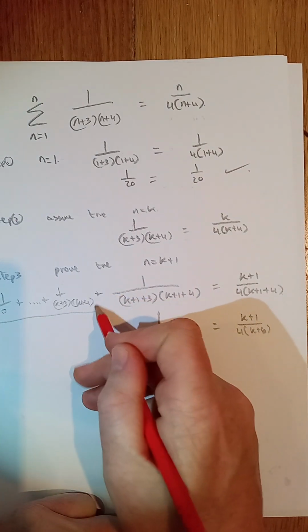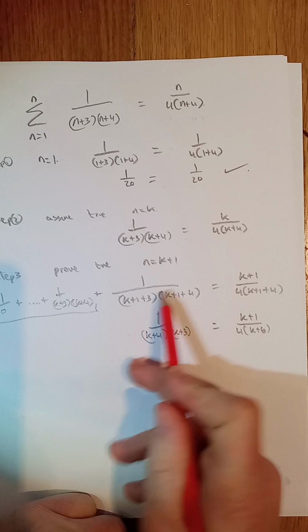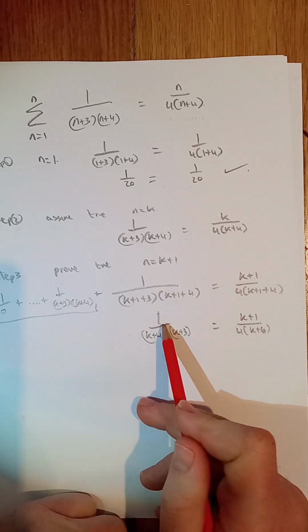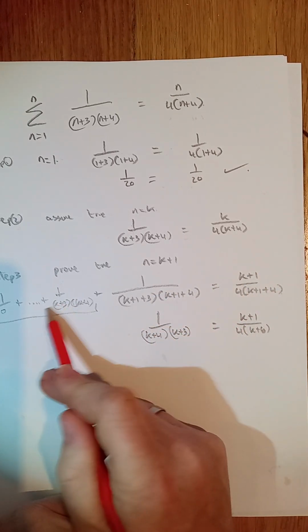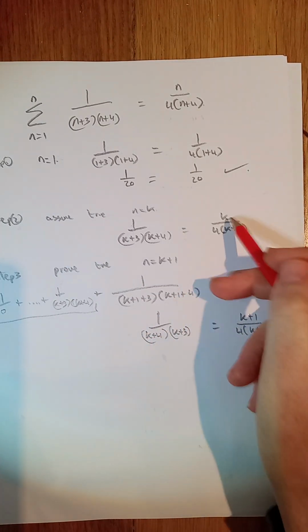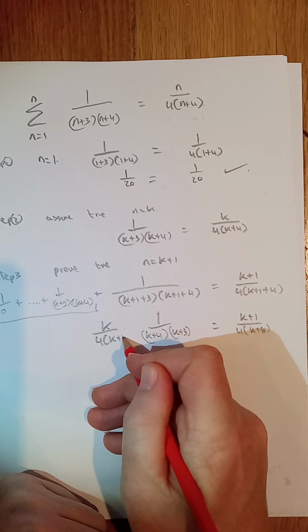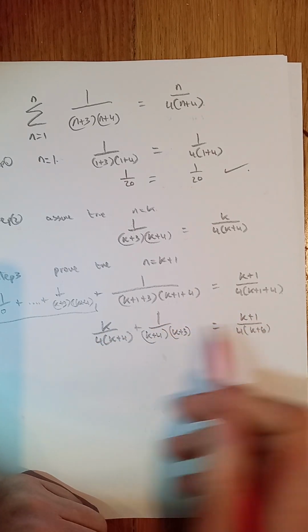So there is your step 2 plus your step 3. Gives you this. So all I have to do is add this to step 2. Okay, so there's my step 2. I'm going to add that to that, and it should be that.